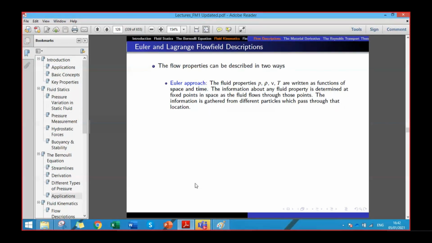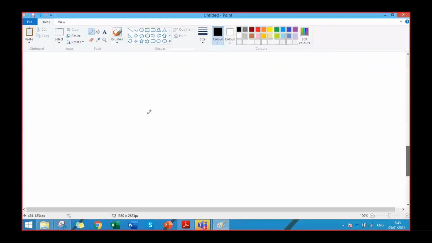If I explain it simply, let's say this is some fluid flowing in a river. Now we know that the velocity of the river is a function of the location as well as the time, right?